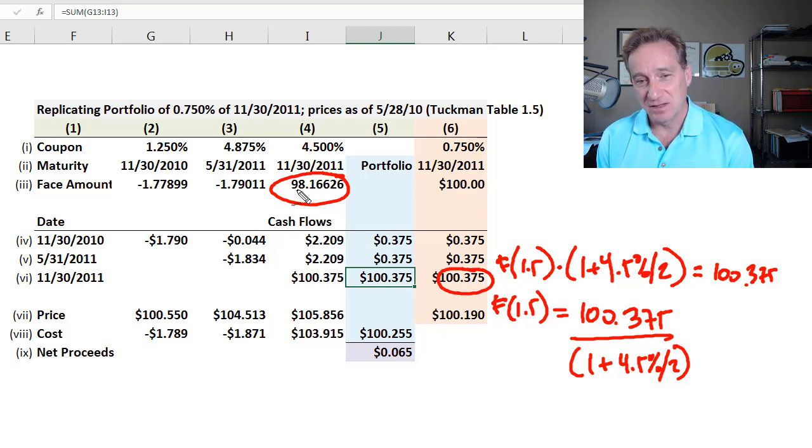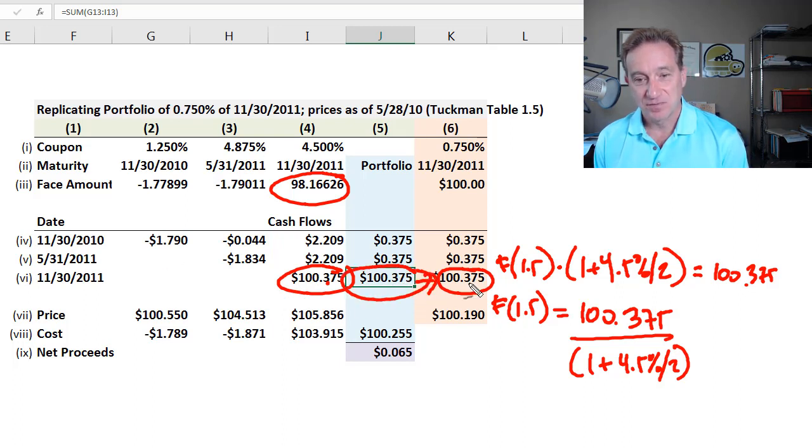So the face amount that we need turns out to be $98.17 of the face amount, and that will give us exactly $100.375, which is the only cash flow in the replicating portfolio, and that matches the trading cheap bond that we're trying to replicate, right?